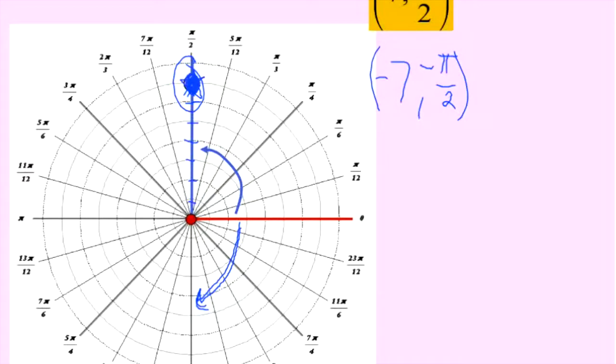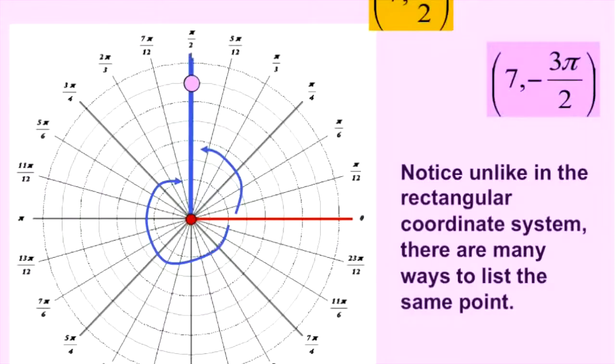I'm going to show you 2 more ways. Just broadening our horizons a little bit. This one right here will get us there. So negative 3 pi over 2 means I'm going to go in the opposite direction. So here would be pi over 2. Here would be an additional pi. So negative 3 pi over 2 and then a positive 7.